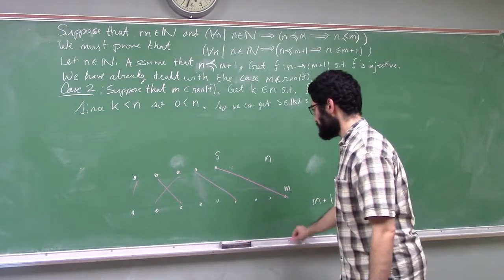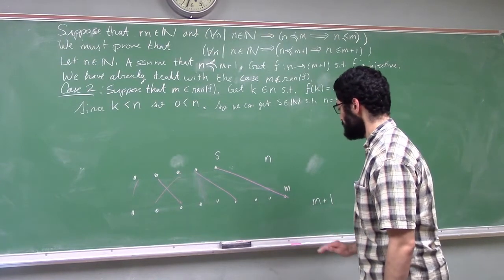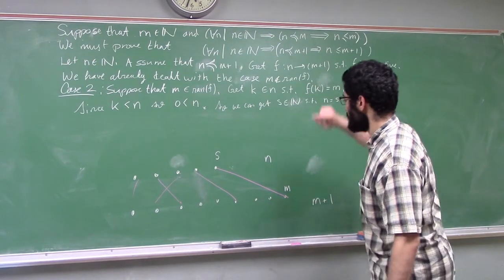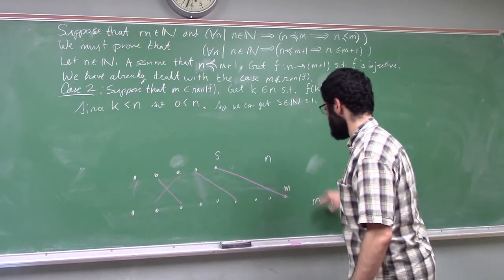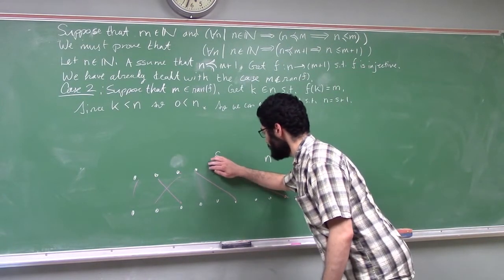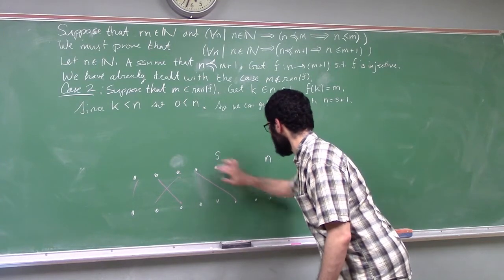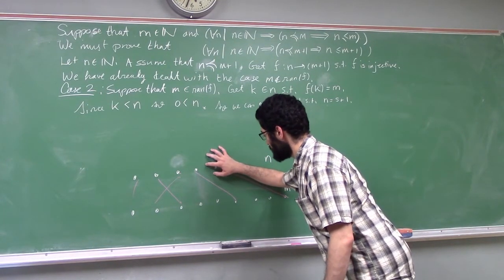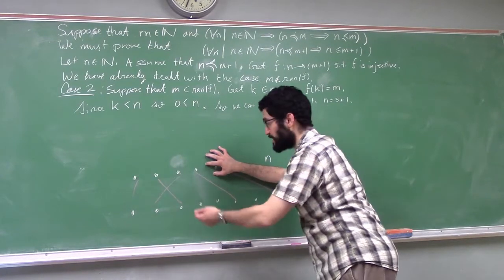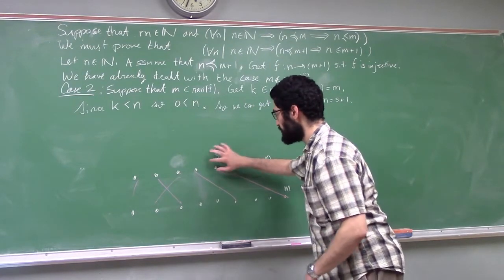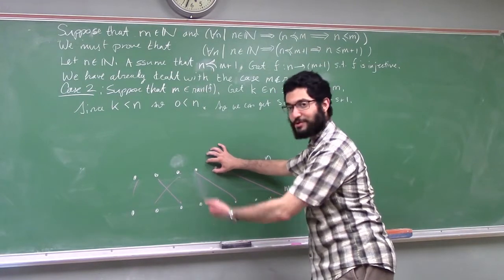But in this situation where s goes to m, what I could do to try to make use of the induction hypothesis is take my mapping from n plus 1 to m plus 1 and just remove this portion where s is going to m. Then what I have is a mapping from a smaller natural number, because if I take a natural number and I remove the last position, that's another natural number. It's the previous natural number.